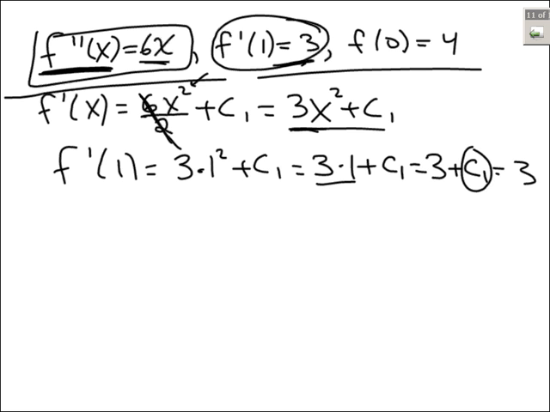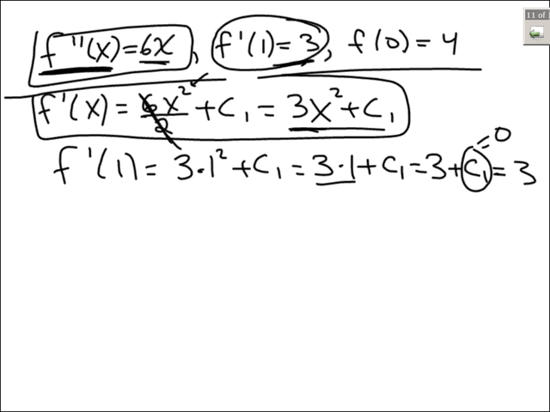So that tells me what C1 is. It's 0. C1 must be 0, since only 3 plus 0 gives us 3. Okay, so let me update this formula right here. F prime of x is equal to 3x squared plus 0, which is just 3x squared.